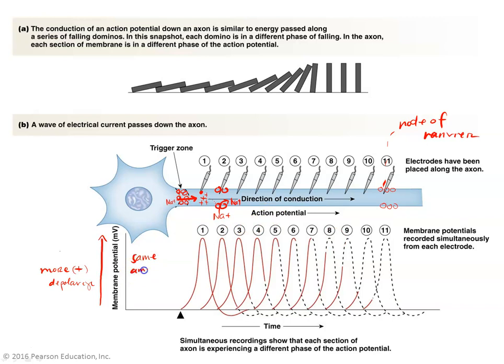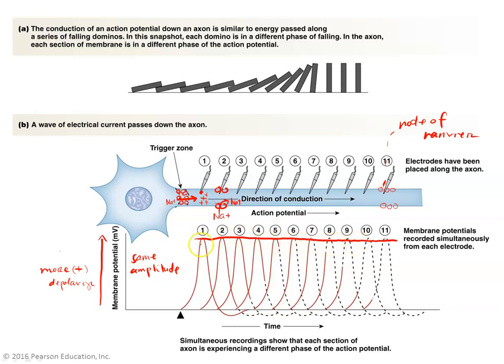Amplitude means height. And they're the same amplitude, and they have to be the same amplitude. Think about this graphically, okay? In order for me to have the same amplitude throughout, I have to have about the same amount of sodium gated channels and the same concentration gradient allowing relatively the same amount of sodium coming in.